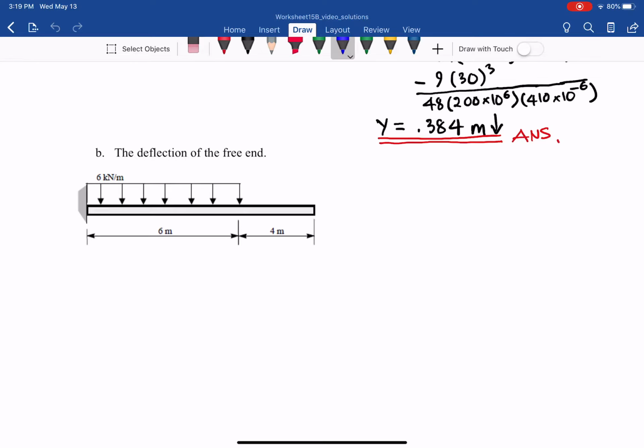We have the cantilever beam with the load, assuming there is no 4 meter at the end, and the distributed load goes throughout the 6 meter.